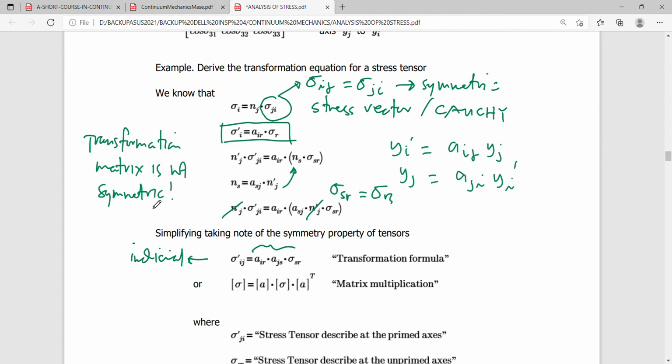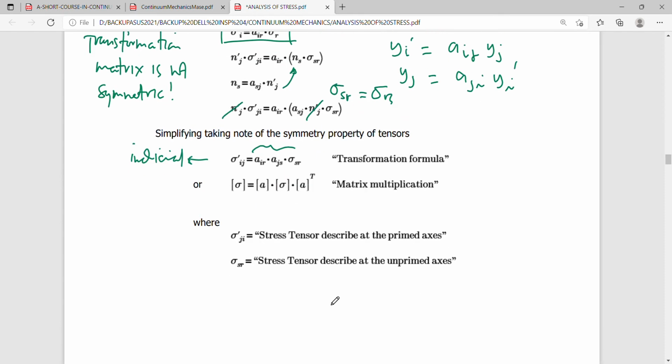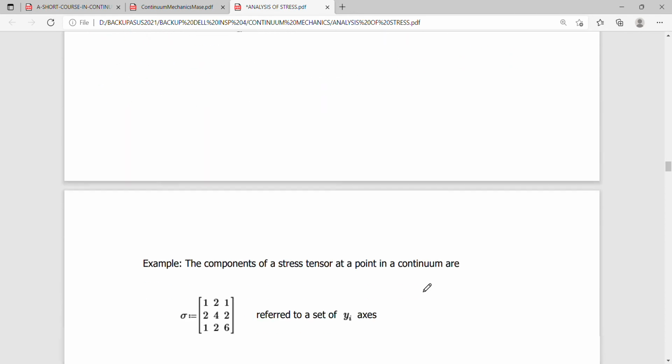So take a look at the position whenever you come up with such a formula. You may choose between this transformation formula and this matrix multiplication formula to your advantage, where sigma prime ji is the stress tensor described at the prime axis, and sigma sr is the stress tensor described at the unprimed axis.